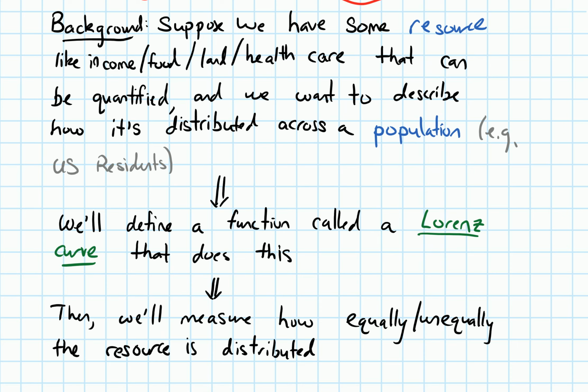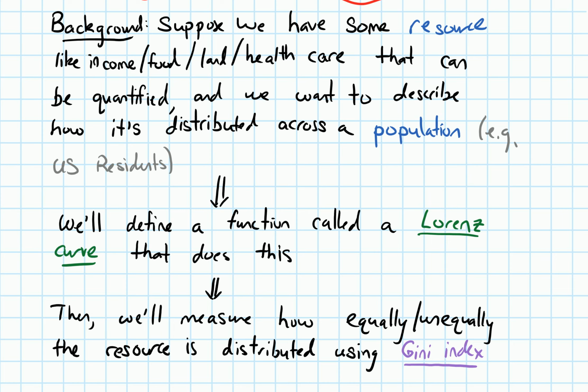So do a few individuals have a bunch of that resource while the bulk of the population has very little? That would be an unequal distribution. So we will measure how equally or unequally it's distributed using the Gini index. And we'll talk about what that is in the next video.